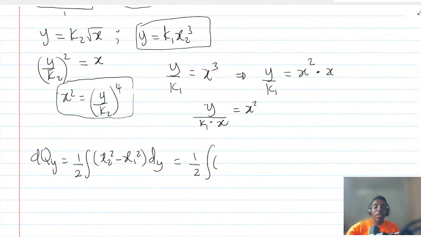This one is from the x2 and this is from the x1.